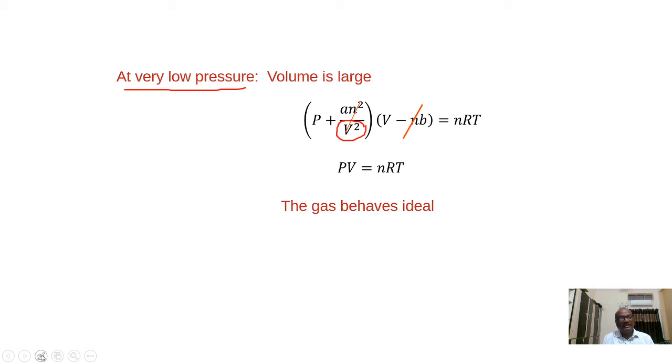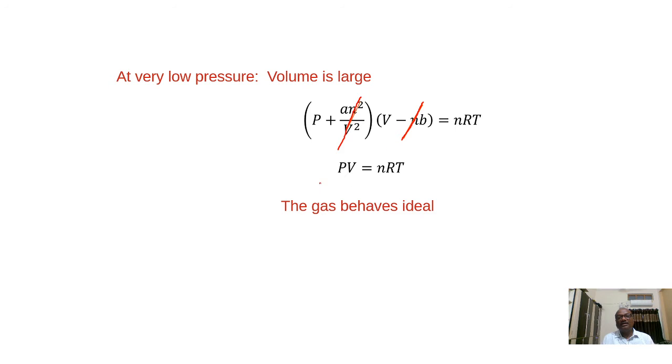What is the first term? It is an square by V square. What is the second term? nb. After neglecting these terms, which are very small compared to the remaining values, what do we get?